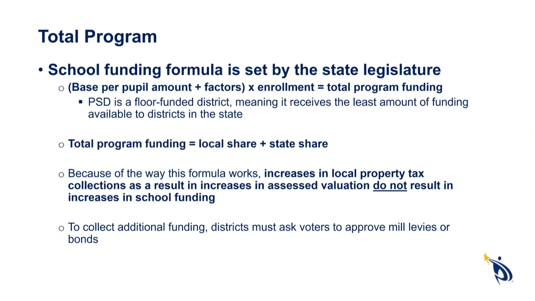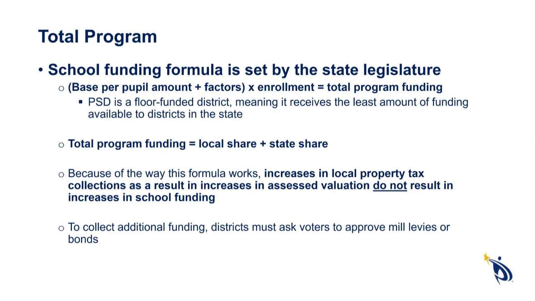We also talked last time about total program funding being a complement of both local and state share, but neither one of those sources of revenue define the program. The program is actually defined in the formula above. The way this formula works, and we're going to see it again with the water glasses, is that as property tax collections increase, especially when assessed valuation is increasing, that doesn't necessarily mean that school funding is increasing, because what we learned is that the state actually reduces by a complementary amount when that happens.